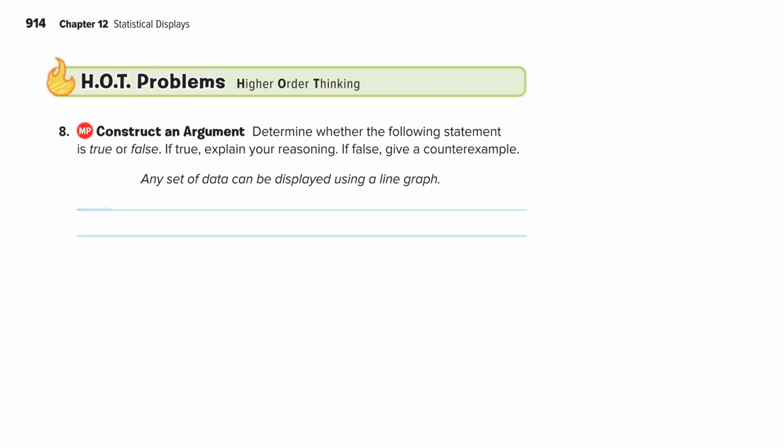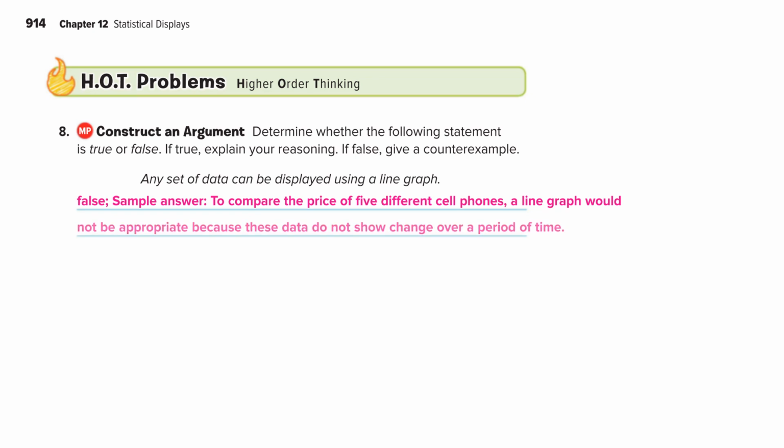If true, explain your reasoning. If false, give a counterexample. Any set of data can be displayed using a line graph. False. To compare the price of 5 different cell phones, a line graph would not be appropriate because these data do not show change over a period of time.